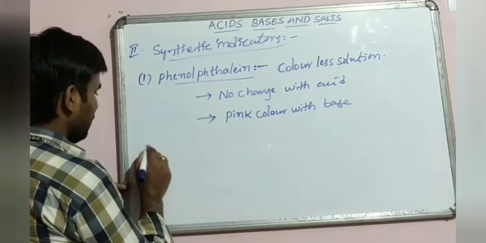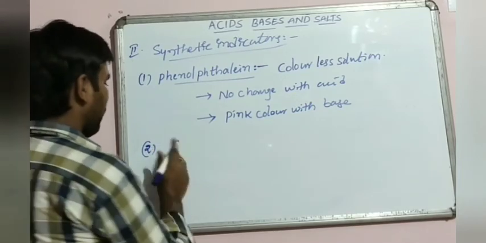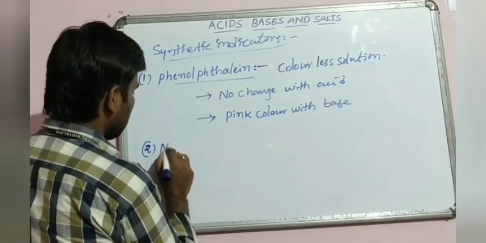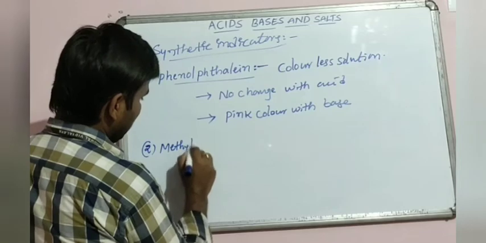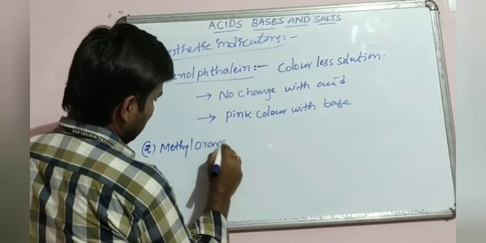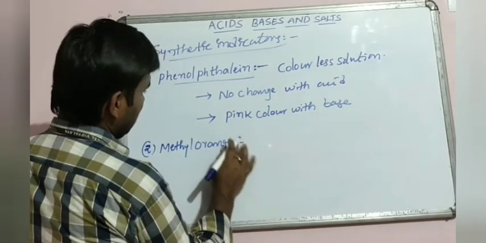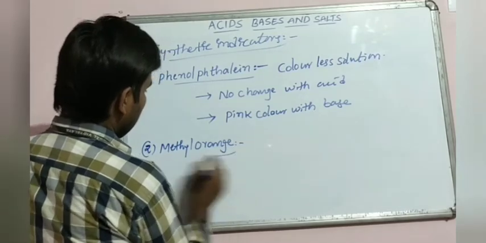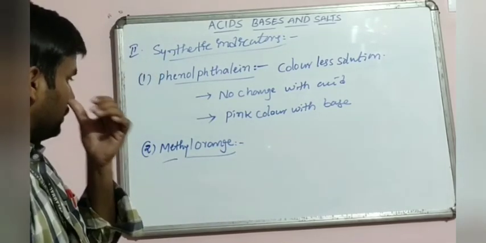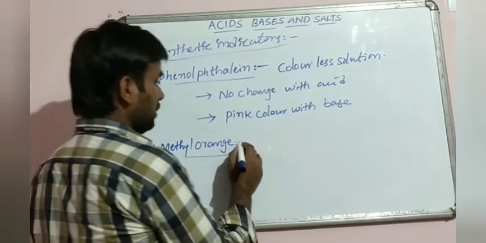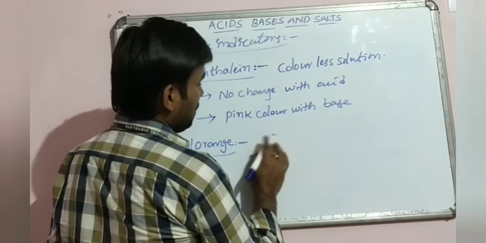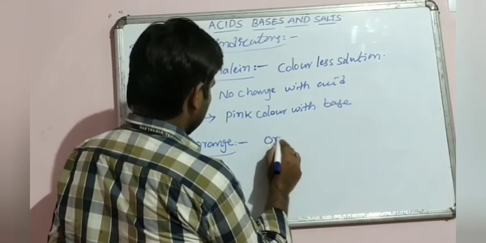The second one is methyl orange. Methyl orange is an indicator whose original color is orange.